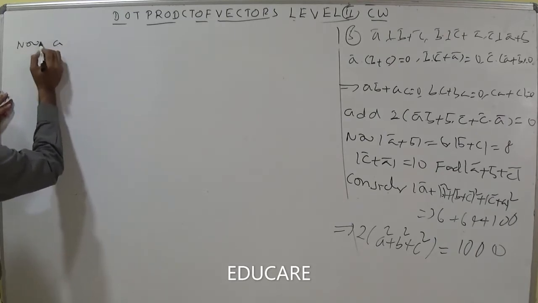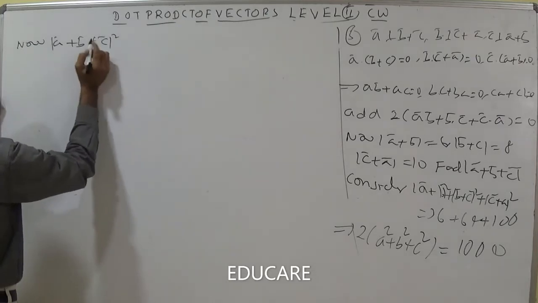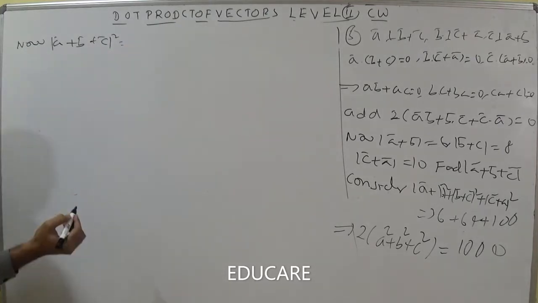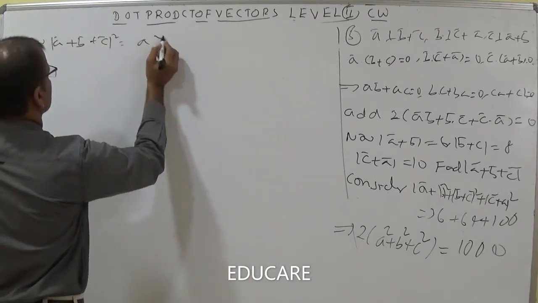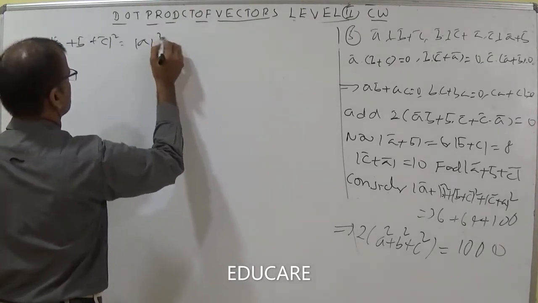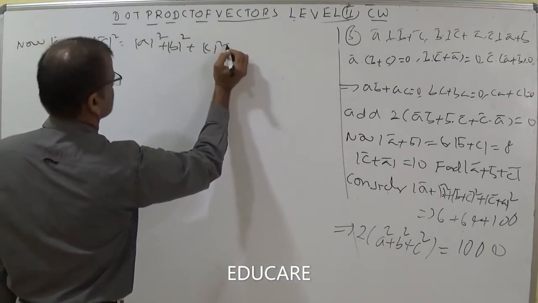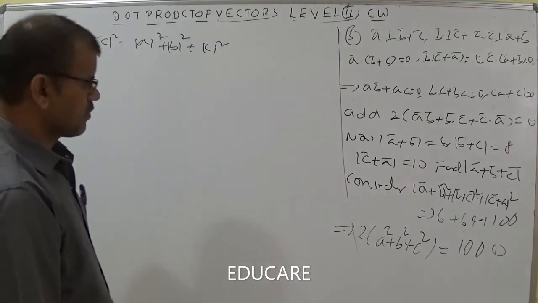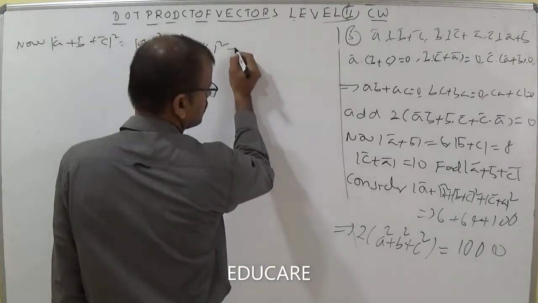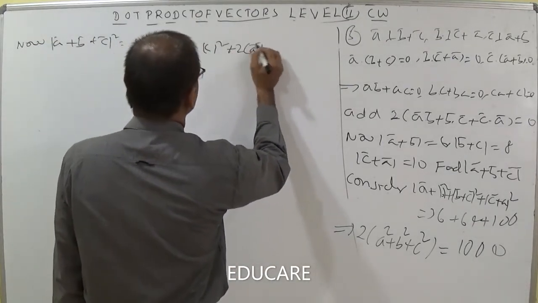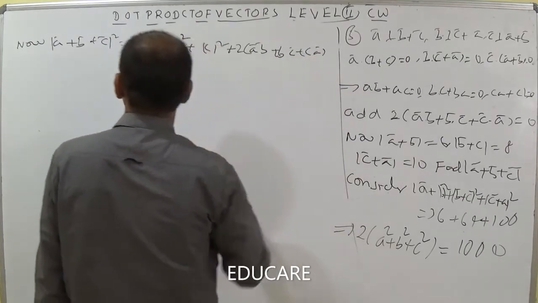What is the formula of (a bar plus b bar plus c bar) whole square? Modulus of a square plus modulus of b square plus modulus of c square plus 2 into (a.b plus b.c plus c.a).